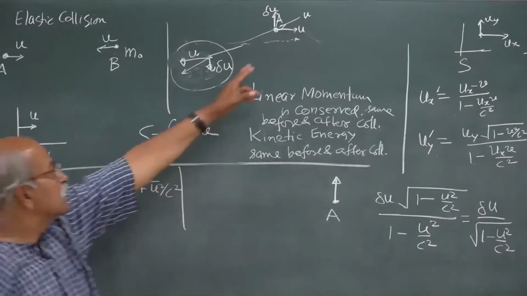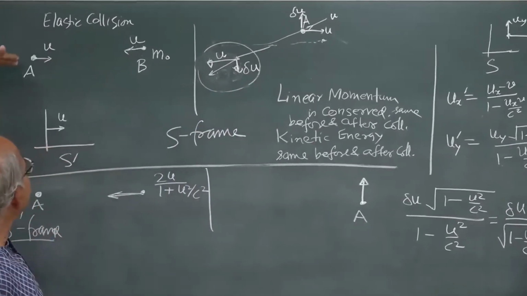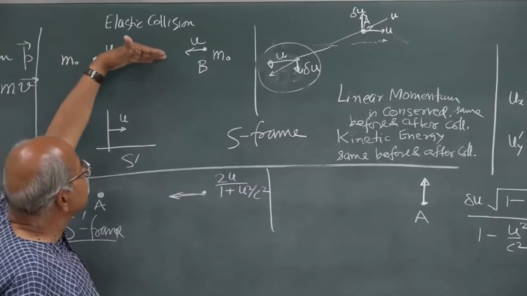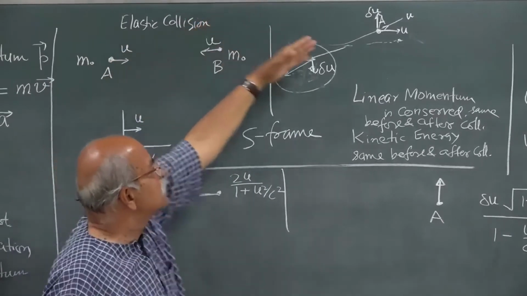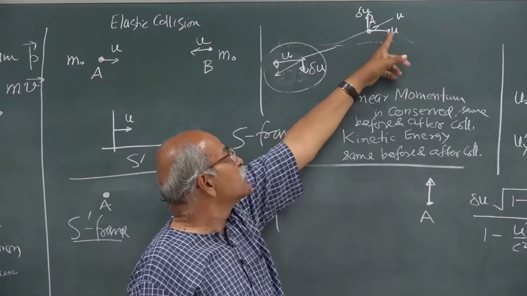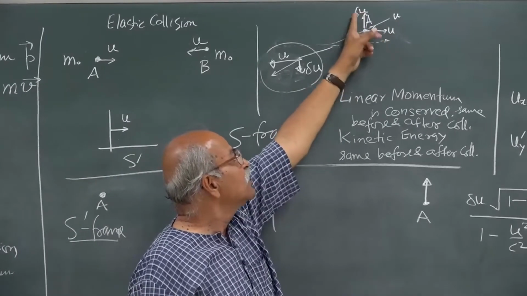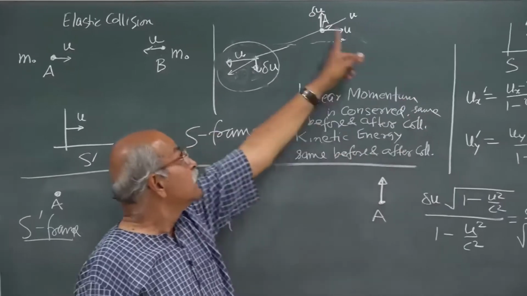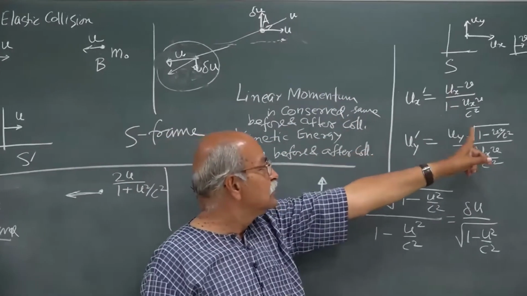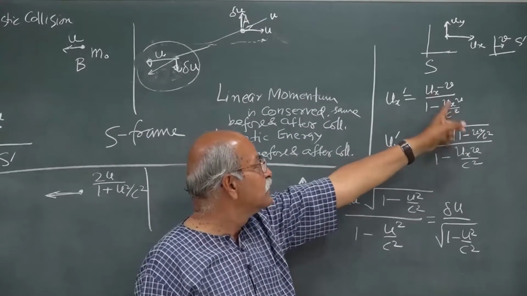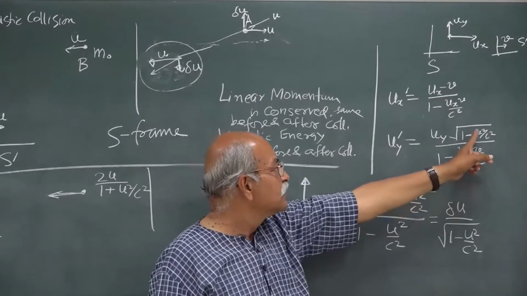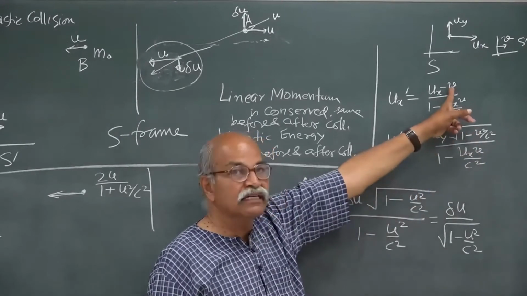This particle A comes from this side, makes a collision here, deflects, and goes this way. So this is the A particle, and the x component is u, the y component is delta u, and then we are making transformations. In the transformation I have ux coming here, and this v coming here.